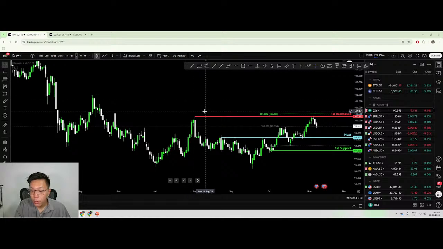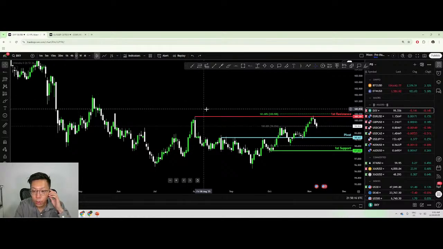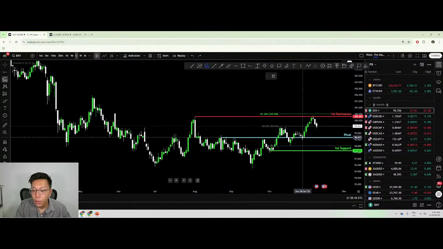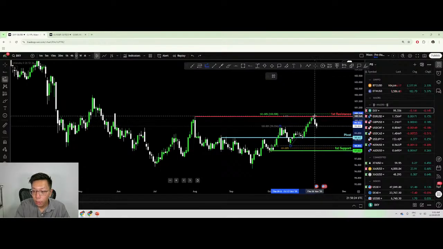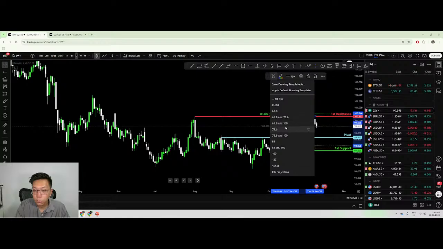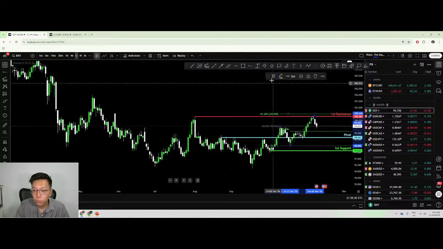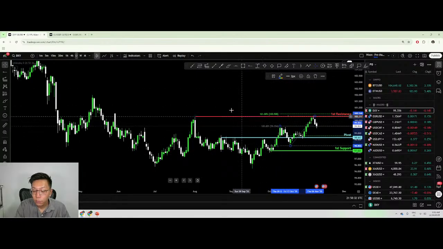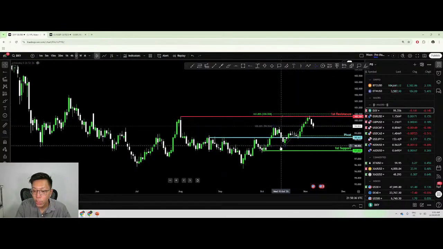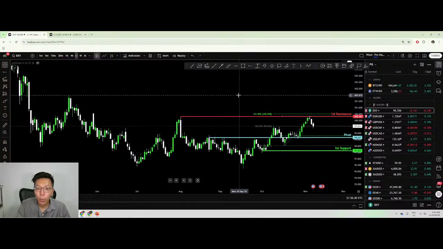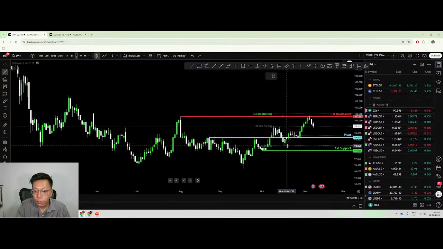So at our pivot point, let's take a look at whether we do have a 100% Fibo projection. Yes, we do have a 100% Fibo projection at our pivot point.